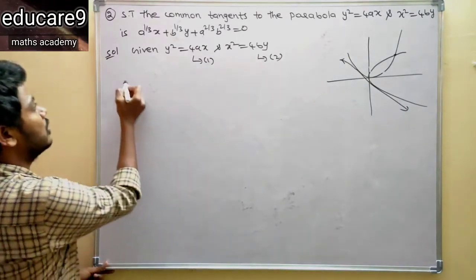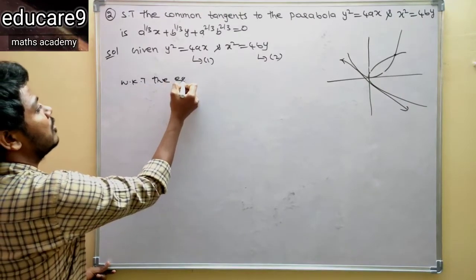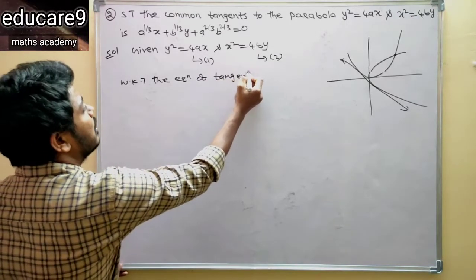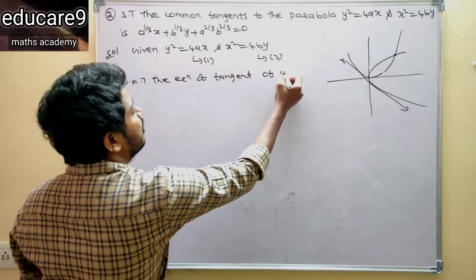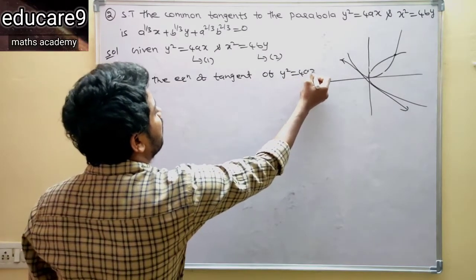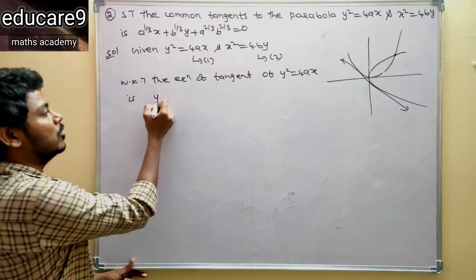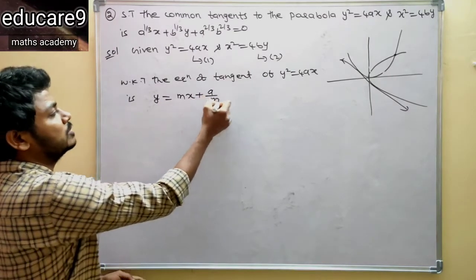See here, you know that the equation of tangent of y square is equal to 4ax is what? y is equal to mx plus a by m.